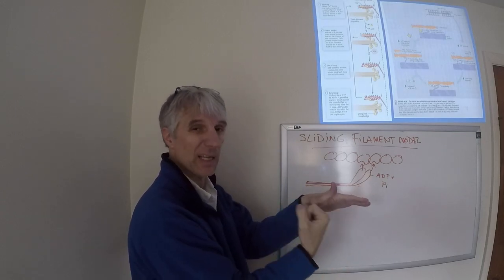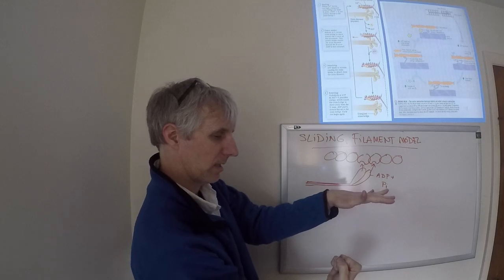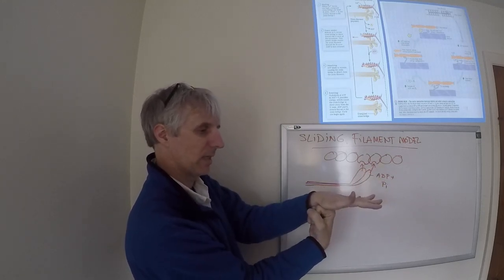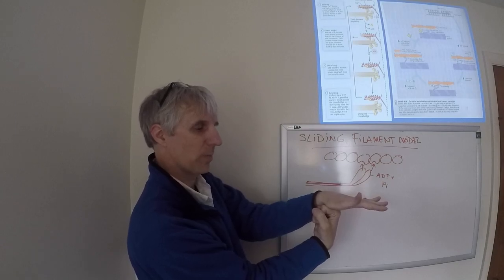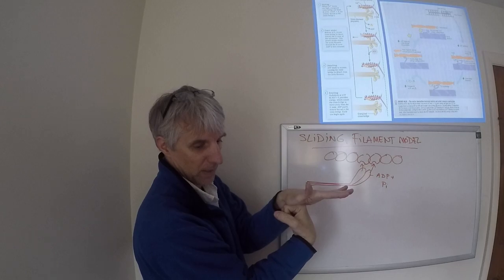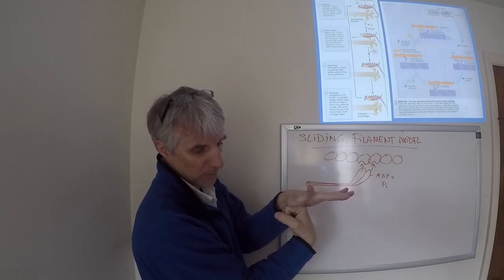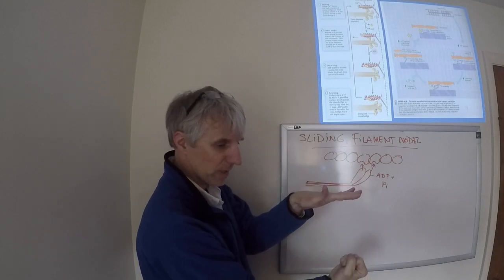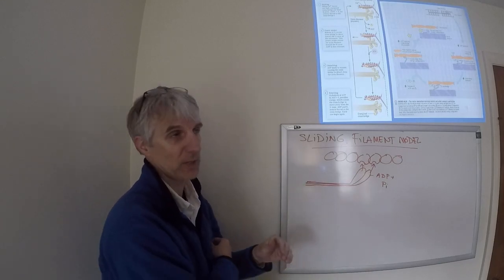And by it, I mean the myosin head. Okay? ADP, phosphate group attached, bind. Kick off the phosphate group. Power stroke, kick off the ADP. Bind the ATP, pull it off, hydrolyze the ATP, reset it into high energy conformation.